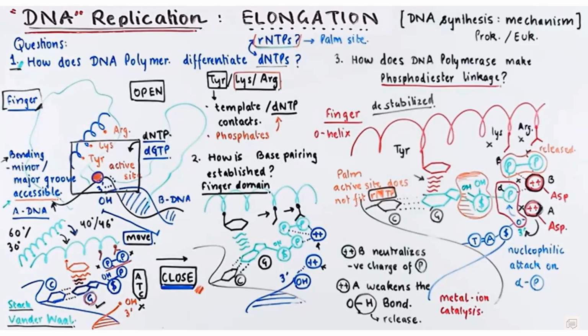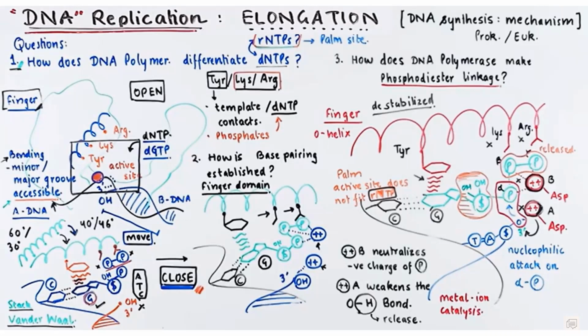And when the finger domain becomes accessible, it moves towards the palm region, and this is about a 40 to 46-degree movement. Some articles may say that it moves 30 to 60 degrees, but keep in mind that the movement can be different.